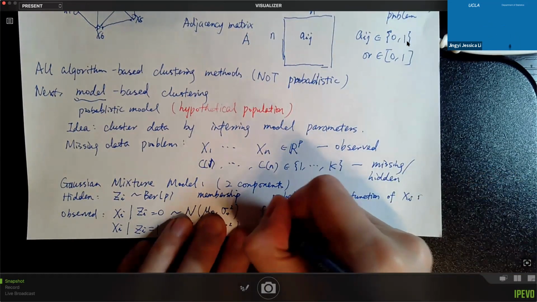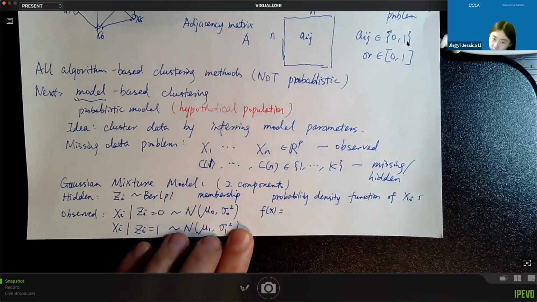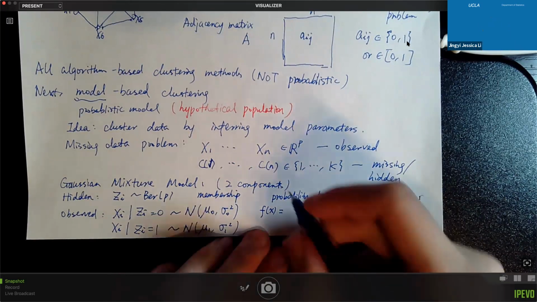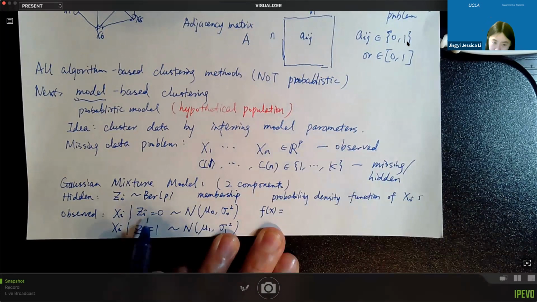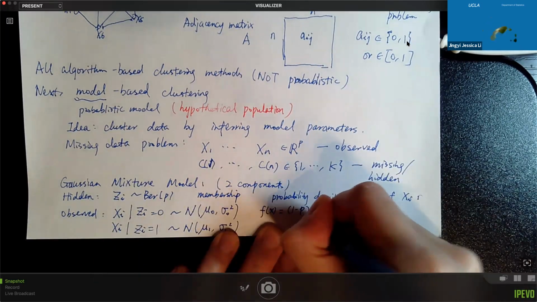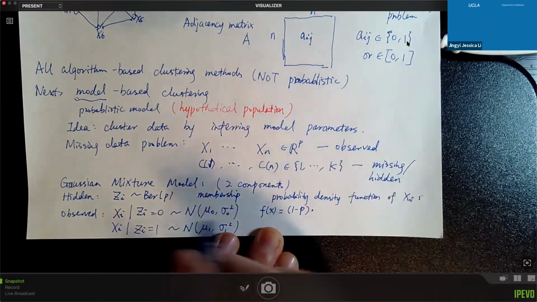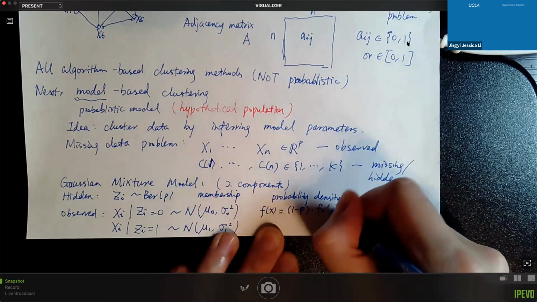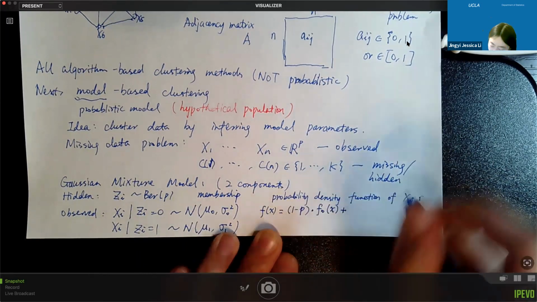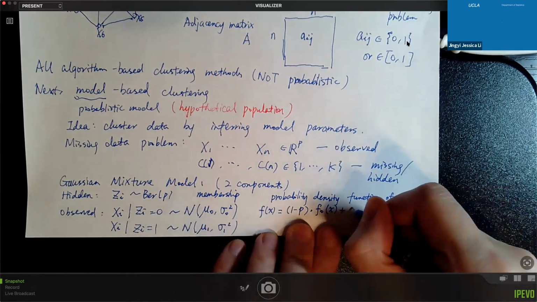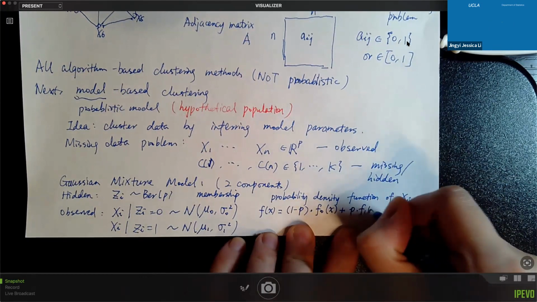So fx should be equal to, just by that conditional probability and marginal probability rule, the probability that zi takes 0 value, so it's 1 minus p, times the density of the component 0, which we call f0x, plus another probability when zi equals 1, which is p, times f1x.